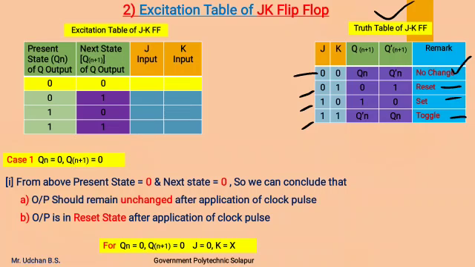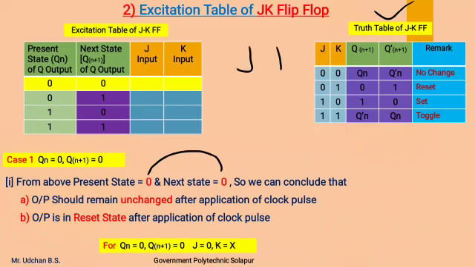So we will see all the possible combinations of present state and next state. The first case will be Qn as a 0 and Qn plus 1 also as a 0, that is present state is 0 and next state is also 0. From this we can conclude in two ways, that is, as present state is 0, it remains as it is in the next state, so we can say that output is in no change state.